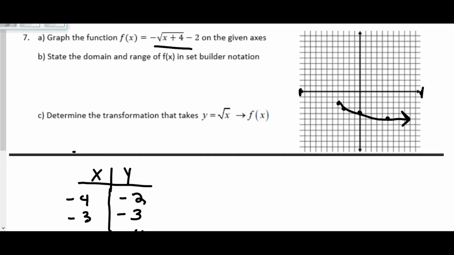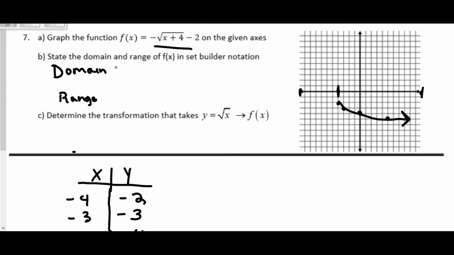So part B is asking for the domain and the range of the function in set builder notation. So the domain is the set of all x values that this function includes, and the range is the set of all y values. So let's start with the x values. We got some error messages at x equals anything below negative 4.